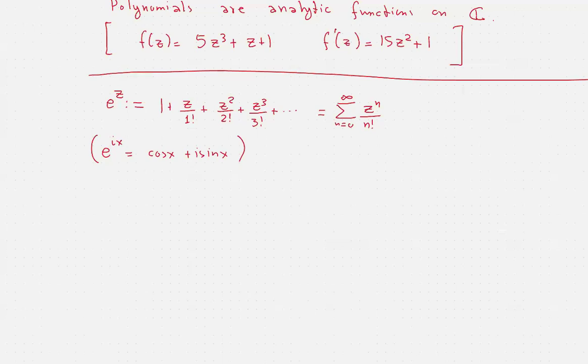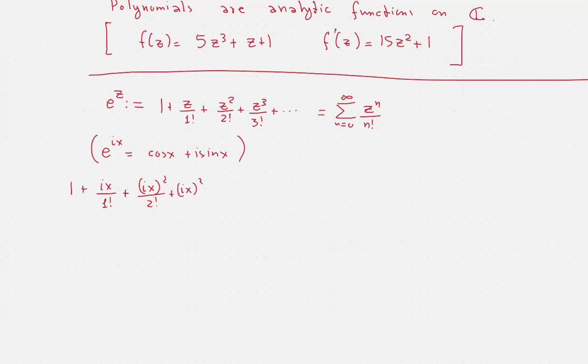To be more precise, if you take 1 plus ix over 1 factorial plus (ix) squared over 2 factorial plus (ix) cubed over 3 factorial.